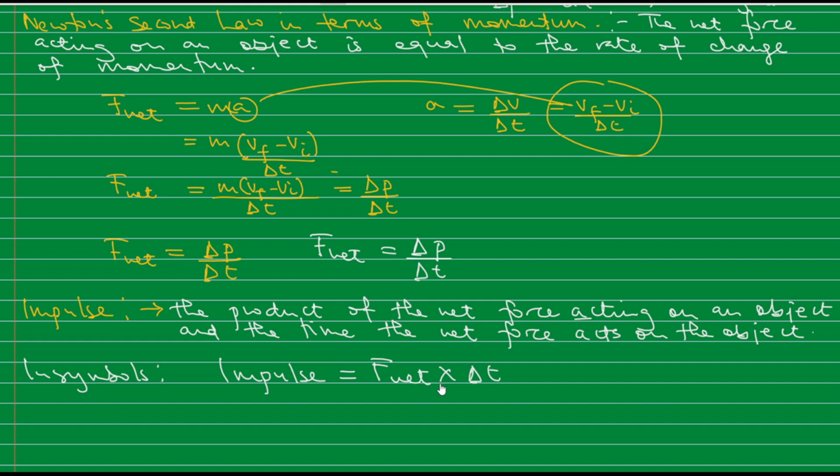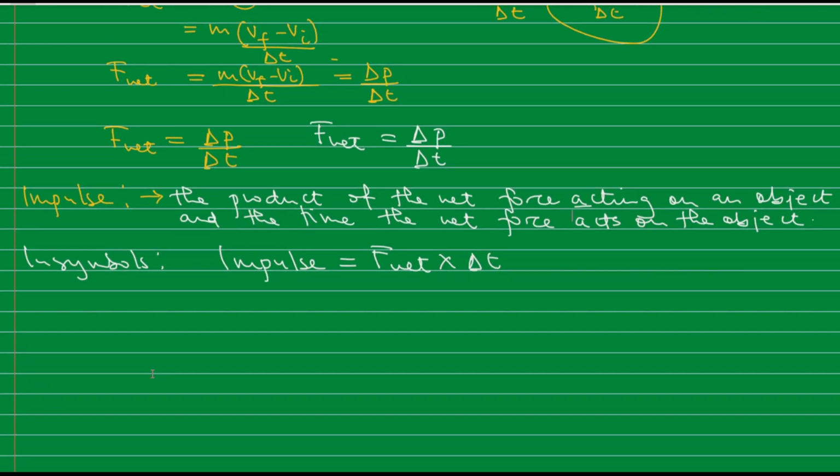Now, this may not look like a new formula, because when I take Newton's second law of motion in terms of momentum and write it down here, we have F net is equal to delta P over delta T. Now I'm going to manipulate this formula by multiplying by delta T on both sides.